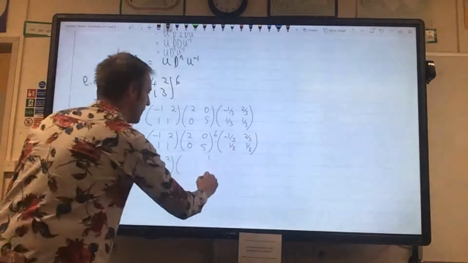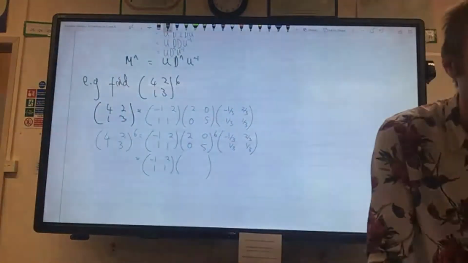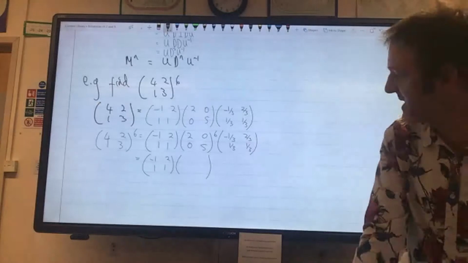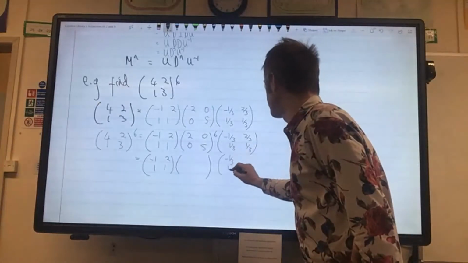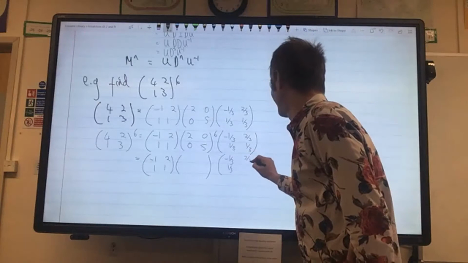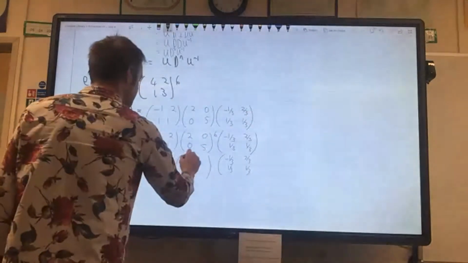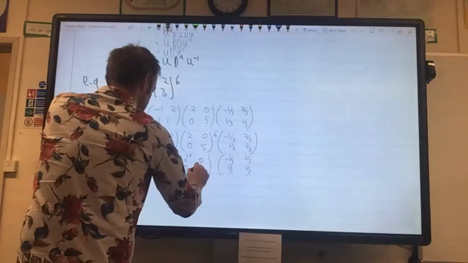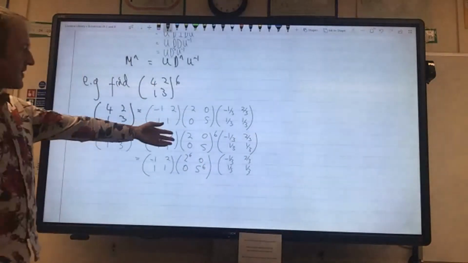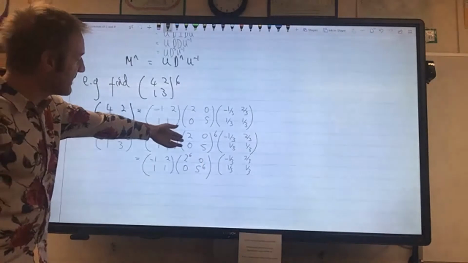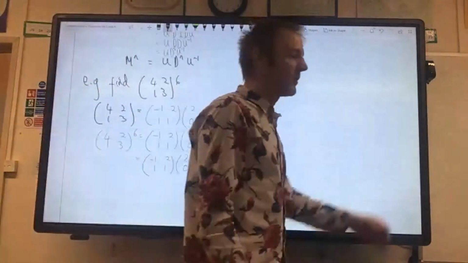I want you to work out what 2, 0, 0, 5 to the power of 6 is. It's a special property of diagonal matrices that enables us to do it. So is it 2 to the 6, 0, 0, 5 to the 6? Yeah. You can verify that by hand, or you can remember that post multiplying by this matrix means you're multiplying the first column by 2 and the second column by 5.